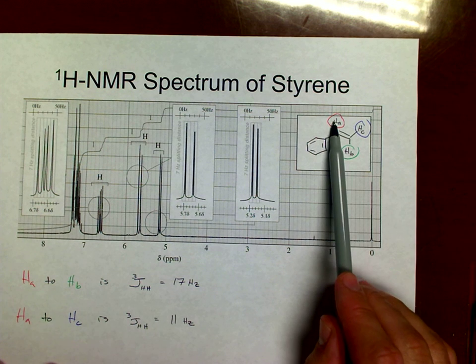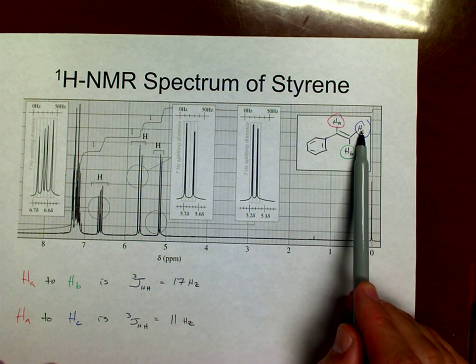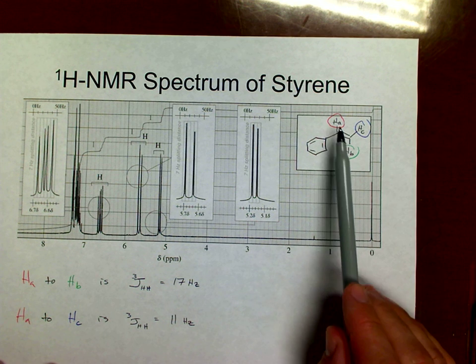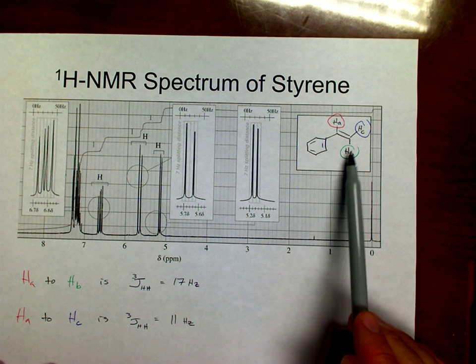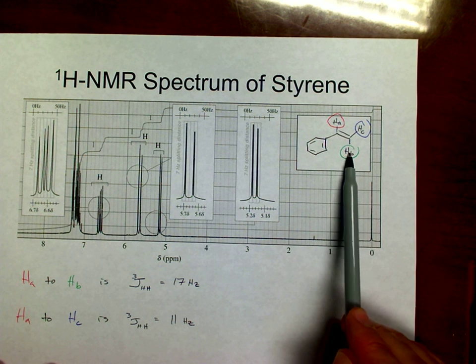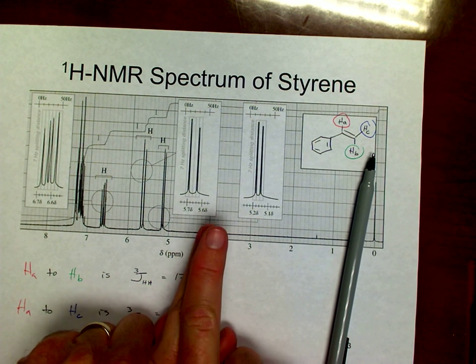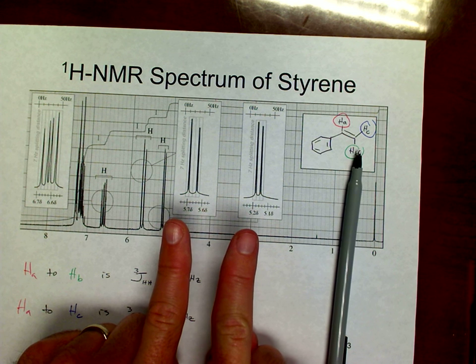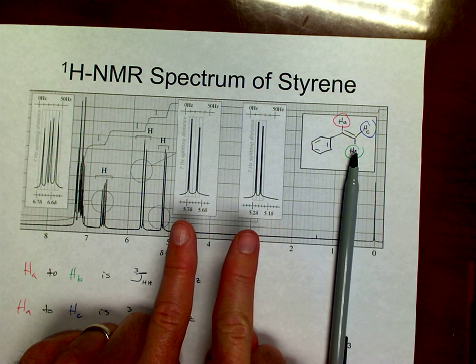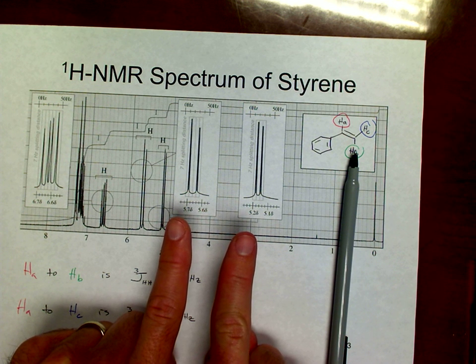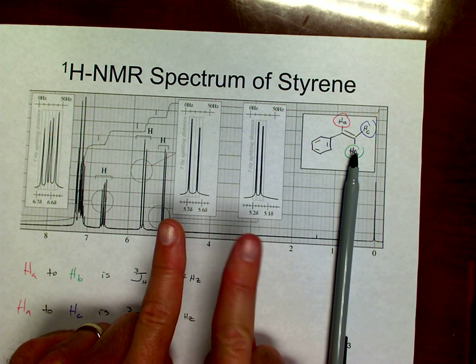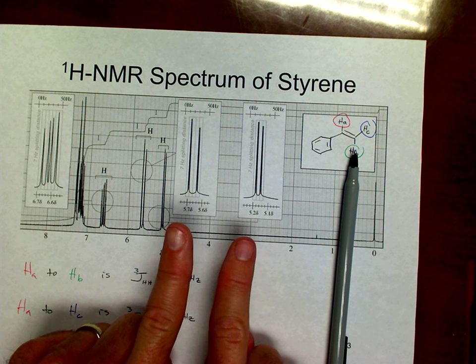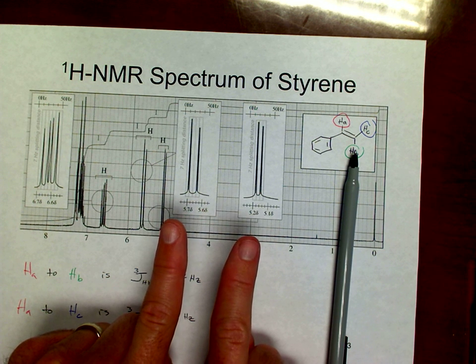But then this HA says, oh wait, I see this one too. It's different than this one. So it's split into a doublet because of this proton. And so what happens here is this, what would be a singlet if it didn't see any protons, splits into a doublet. But then since it realizes, oh wait, I see another proton too, now each one of these signals has to split into a doublet of their own as well.